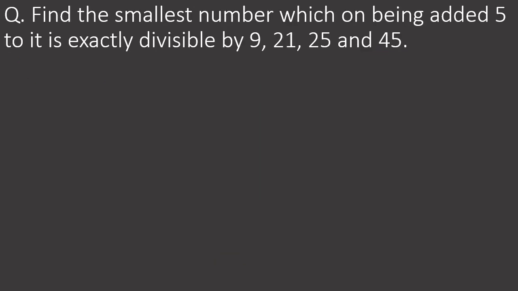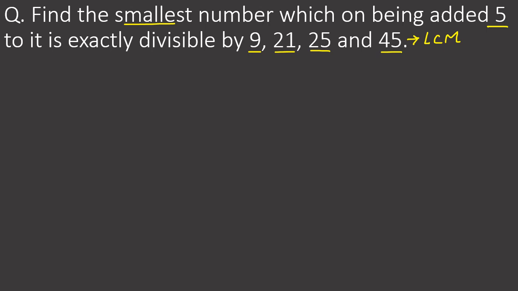Next question is find the smallest number which on being added 5 to it is exactly divisible by 9, 21, 25 and 45. Now we know the number which is exactly divisible by the given number will be equals to the LCM of these numbers.